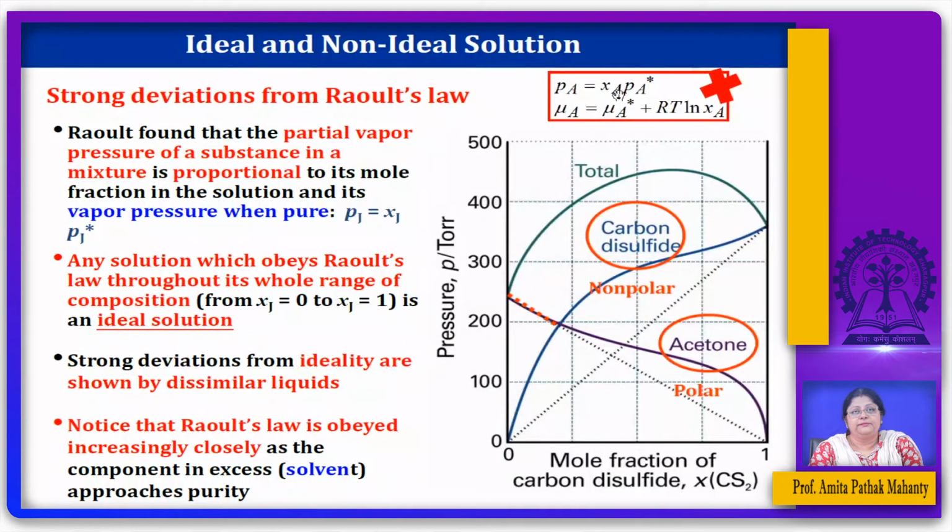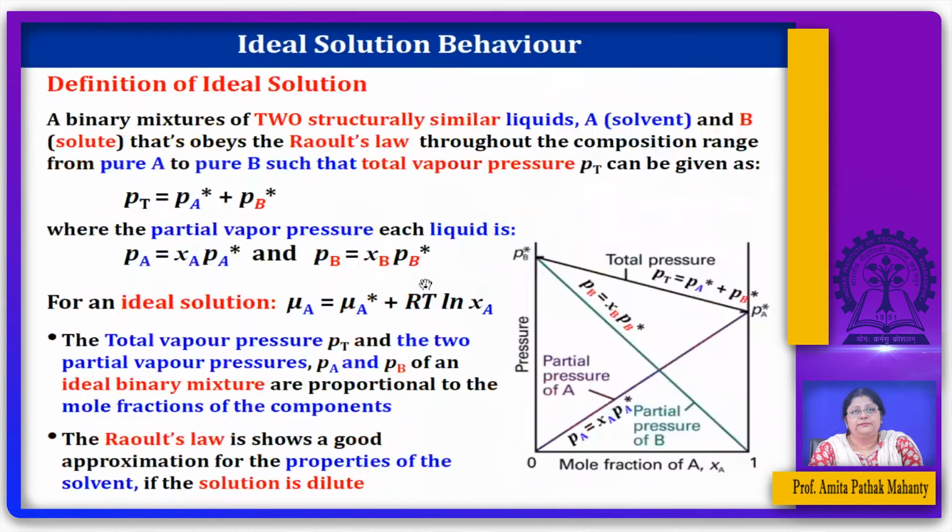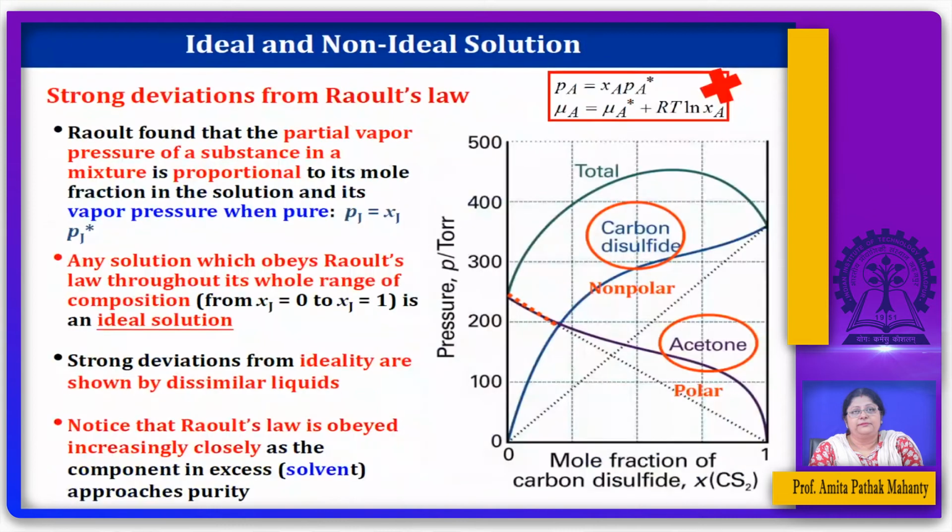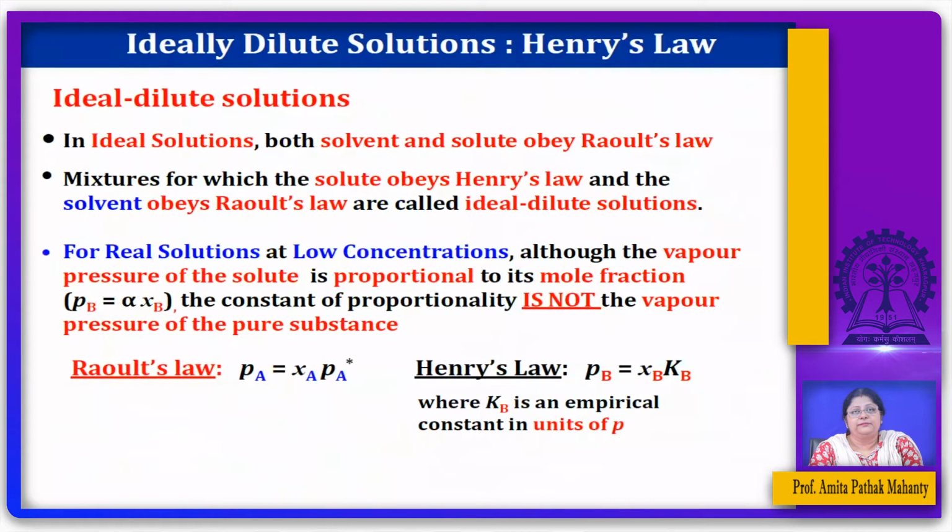If the equation is valid, if any solution system follows this relationship, or it can be related to this chemical potential relationship, then we say that the solution is behaving ideally. Now, there is another condition we can look into, which we call a real solution. In an ideal solution, both solvent and solute obey Raoult's law.